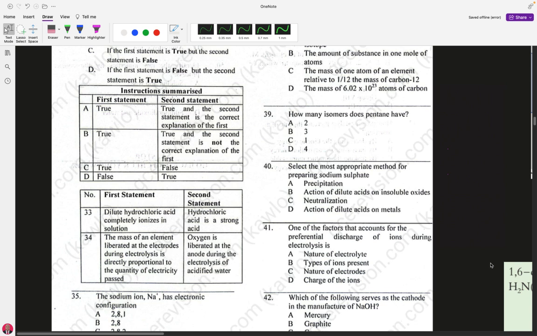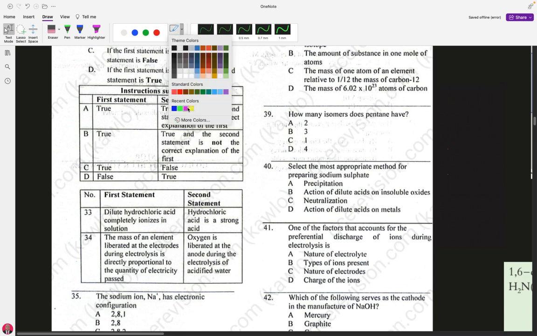When an acid ionizes in water by donating all its protons, in other words hydrogen ions, we call it a strong acid. So question number 33 is true, and it will be A.